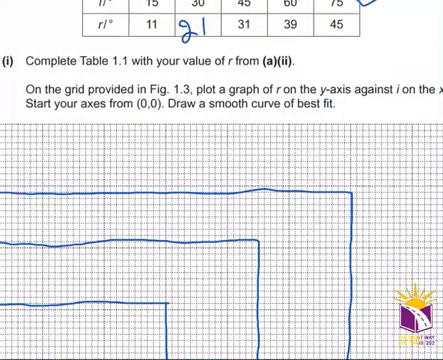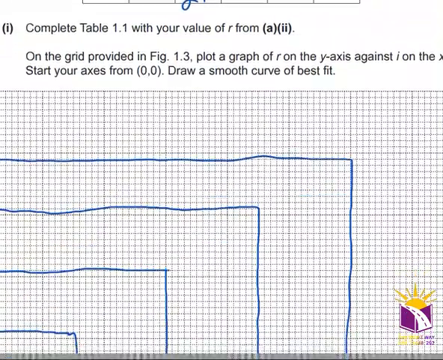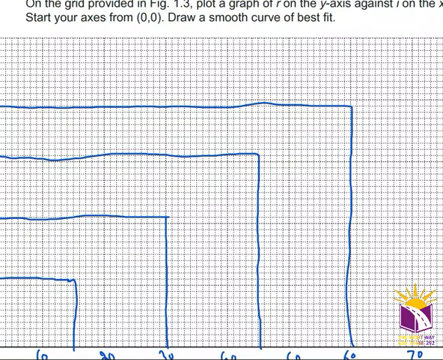Then the last one is 75 and 45. So I am going to mark the points over here. All the points are now marked.